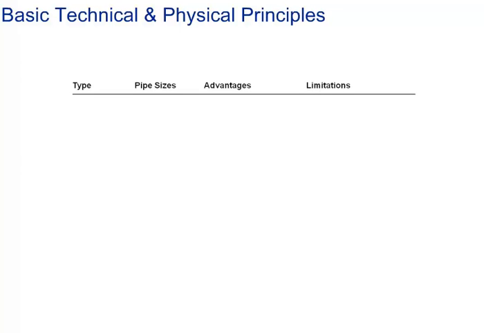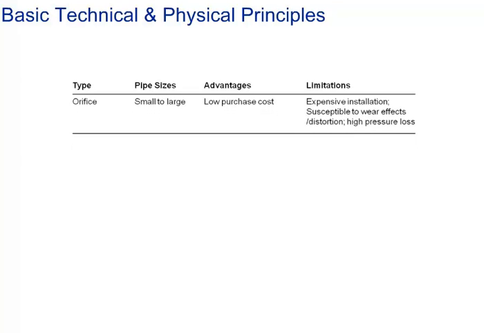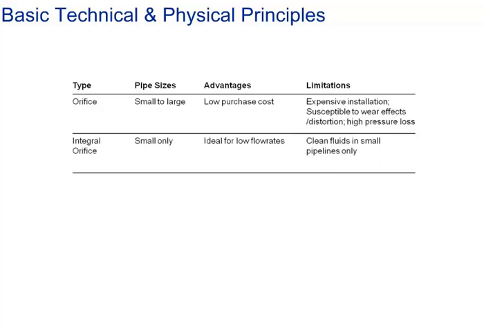Here is a basic comparison of some of the major DP flow metering technologies used in compact DP Flowmeters. The key points are: Orifice devices are typically low cost, but are often expensive to install, are susceptible to wear, and create a relatively high pressure loss. Integral orifice meters are designed for low flow rates, but are generally not suitable for steam measurement.